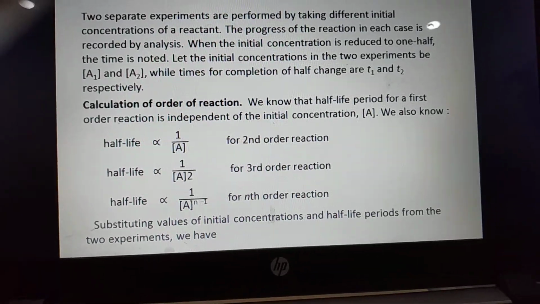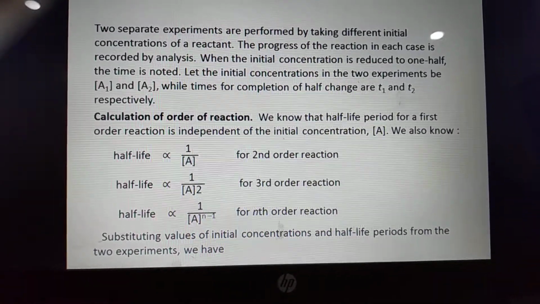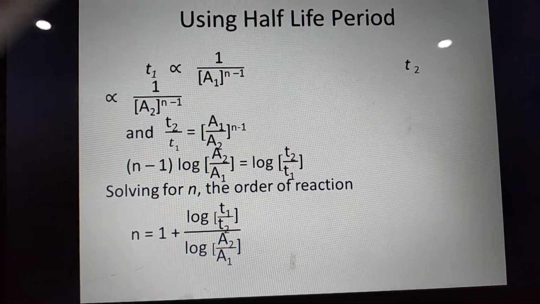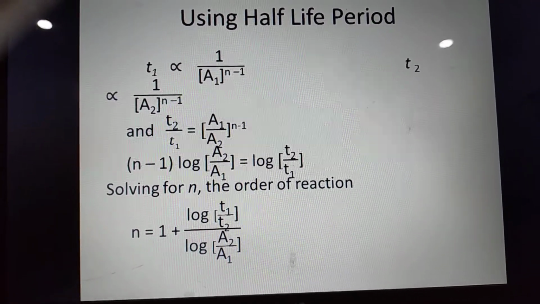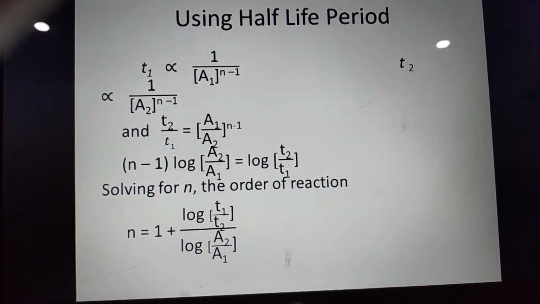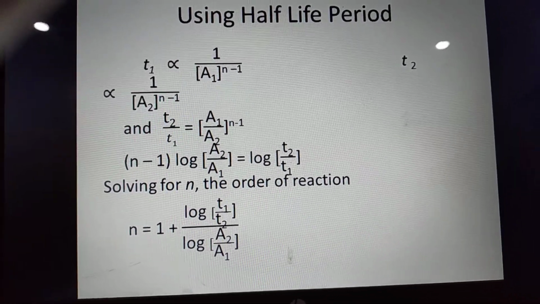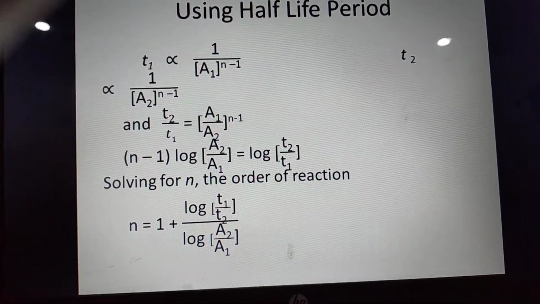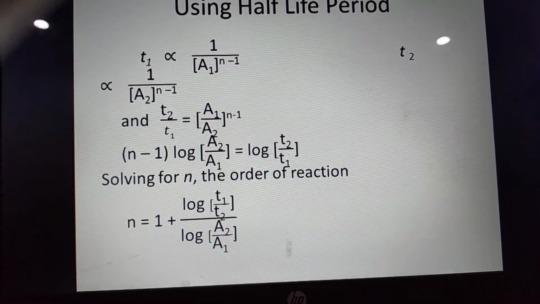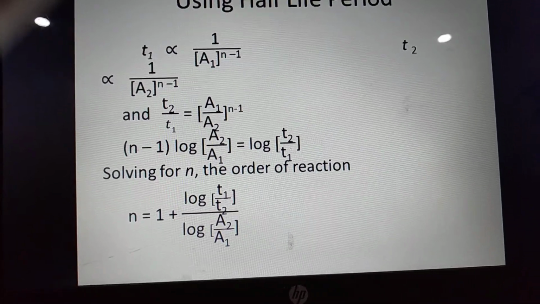So substituting the values of initial concentration and half-life periods from the two experiments, T1 is directly proportional to 1 over A1 raised to n minus 1 for the first experiment, and T2 is directly proportional to 1 over A2 raised to n minus 1.